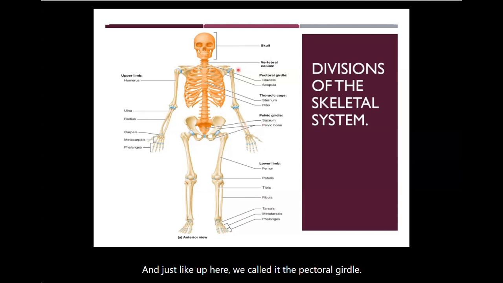And just like up here we called it the pectoral girdle, here we have the pelvic girdle, and we'll talk about why we call these the pectoral girdle and pelvic girdle. So everyone, we have our vertebral column, then the sacrum, and then the butt bone, which is called the coccyx, right? And what are those on the sides?